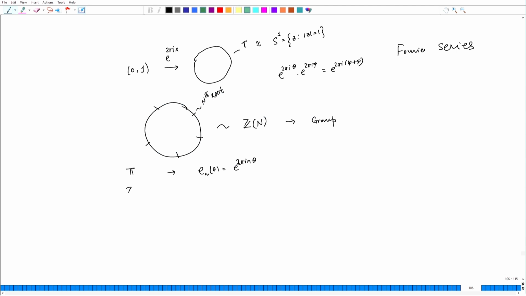Now, in Zn, our building blocks, let us say e sub n of k, is equal to e to the power 2 pi i k n by n. And with these two functions, within this setting and this, we are able to derive satisfactory Fourier analysis results for the Fourier series and this.